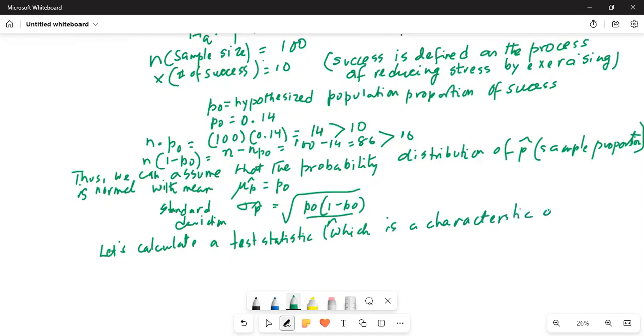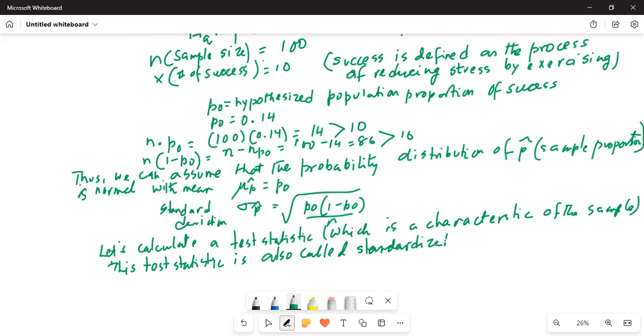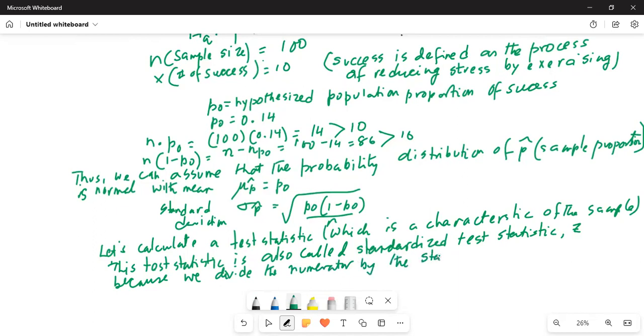This test statistic is also sometimes called standardized test statistic, which is Z, because as you'll see, we divide the numerator by the standard deviation of P hat.